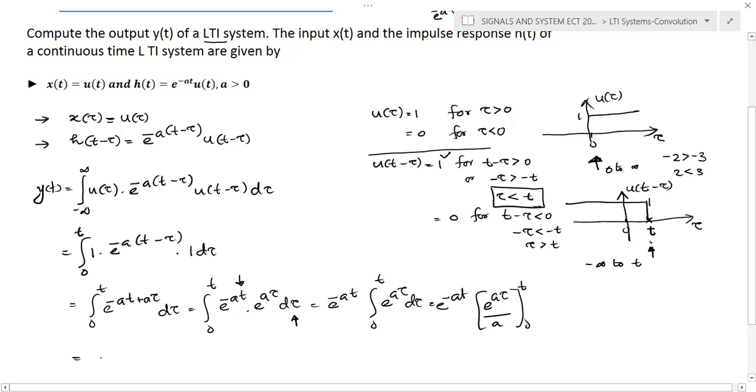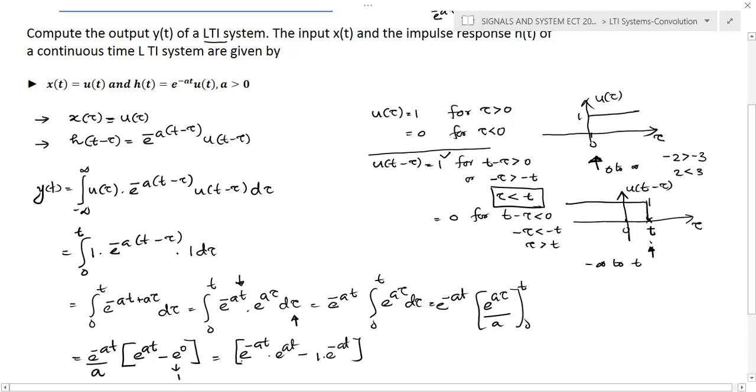If you substitute the limit, e raised to minus at, and in place there is also a, we can take that as a constant: e raised to a t minus e raised to 0, and e raised to 0 is equal to 1. If you multiply e raised to minus at, it becomes e raised to minus at into e raised to at, minus e raised to 0, which is 1, into e raised to minus at.